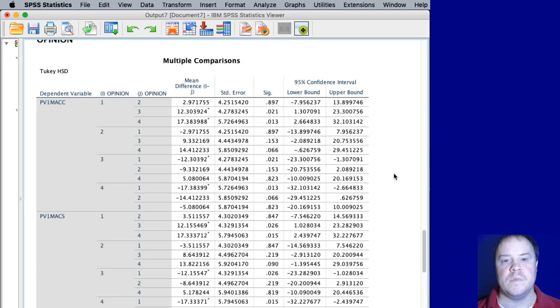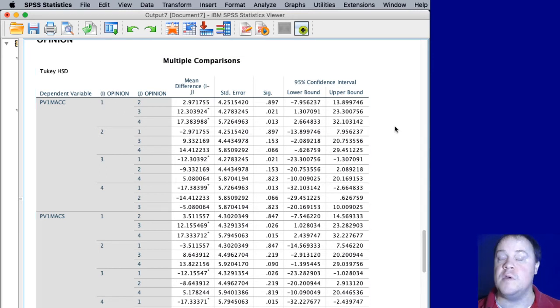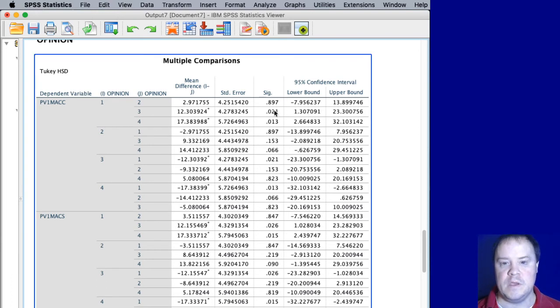So students who said they had some or never scored statistically significantly worse than the group of students who said that they were able to express their opinion in every single lesson. However, even though these p-values are small, 0.021, 0.013, look how big the confidence intervals are.